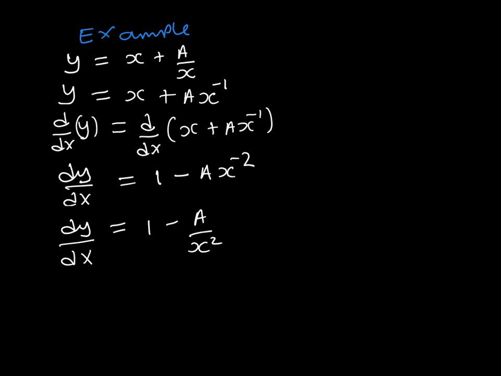Just simple mathematics. Okay. So since our task is to take away that a so that we have an equation where a does not appear, in this case, just very easy. So why don't we go ahead and multiply everywhere by x squared? So we have x squared dy/dx equals x squared minus a.